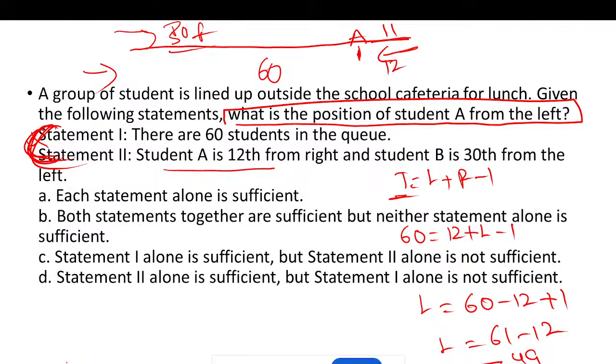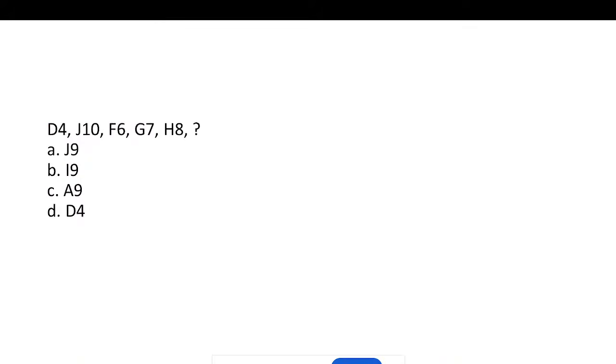Ready? Can you answer this question? It is from series.